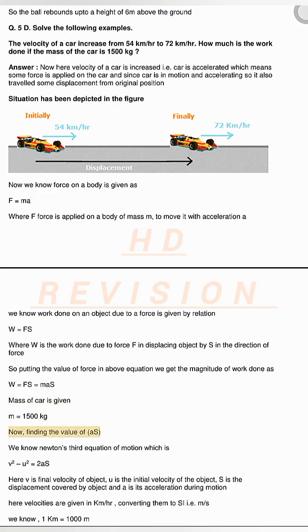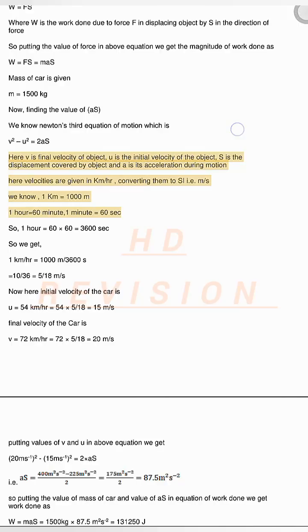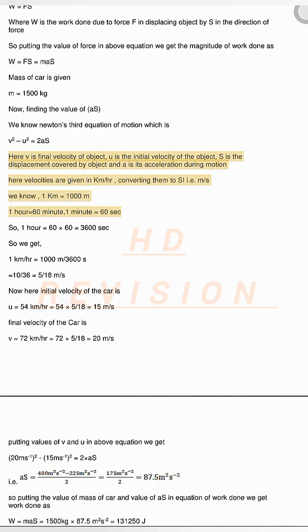Now, finding the value of a s. We know Newton's third equation of motion, which is v squared minus u squared equals 2as. Here v is the final velocity of the object, u is the initial velocity of the object, s is the displacement covered by the object, and a is its acceleration during motion. Here velocities are given in kilometers per hour.